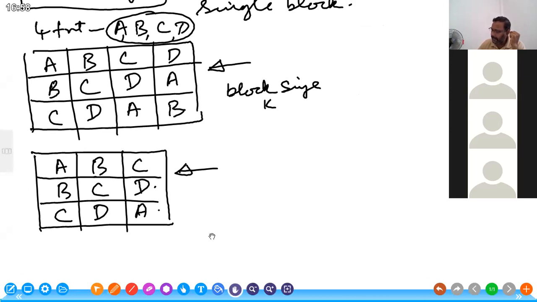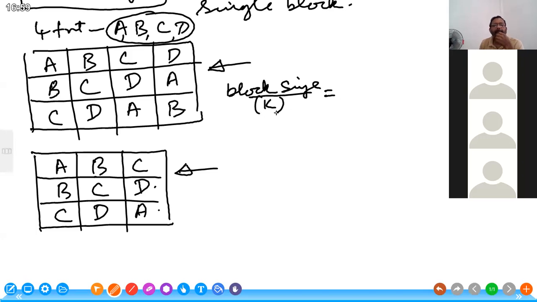Block size, we indicate as K, is equal to what in case number 1? I'm talking about RCBD now. Block size is equal to what?